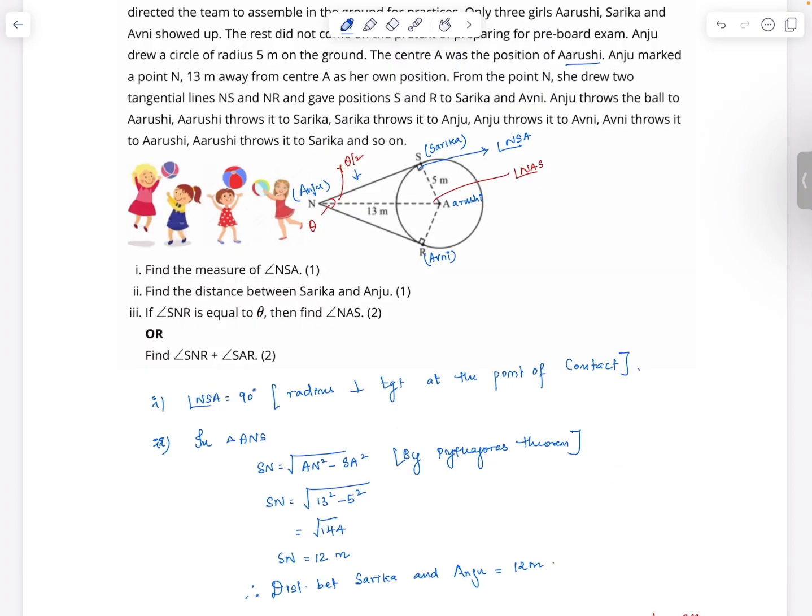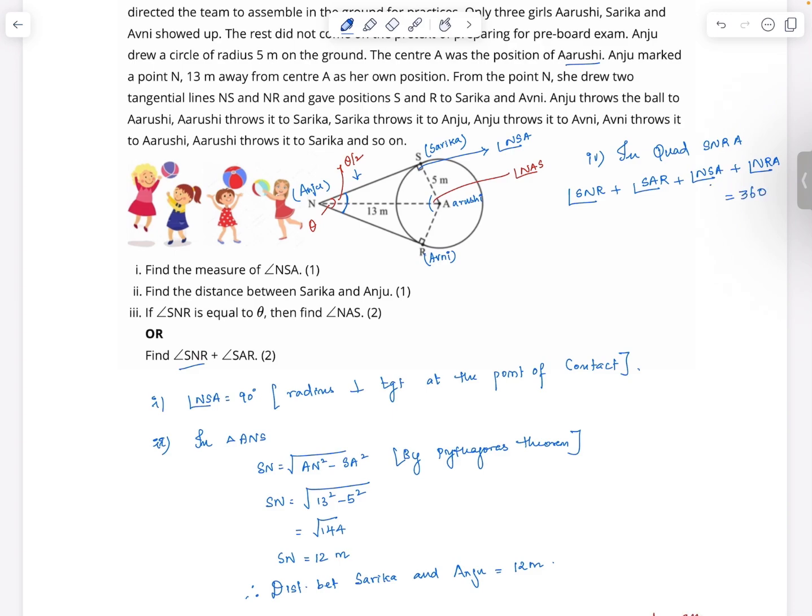Part two of the third question, find angle SNR plus angle SAR. Let's consider the quadrilateral SNRA. The sum of all angles is equal to 360. Angle SNR plus angle SAR plus angle NSA plus angle NRA is equal to 360.